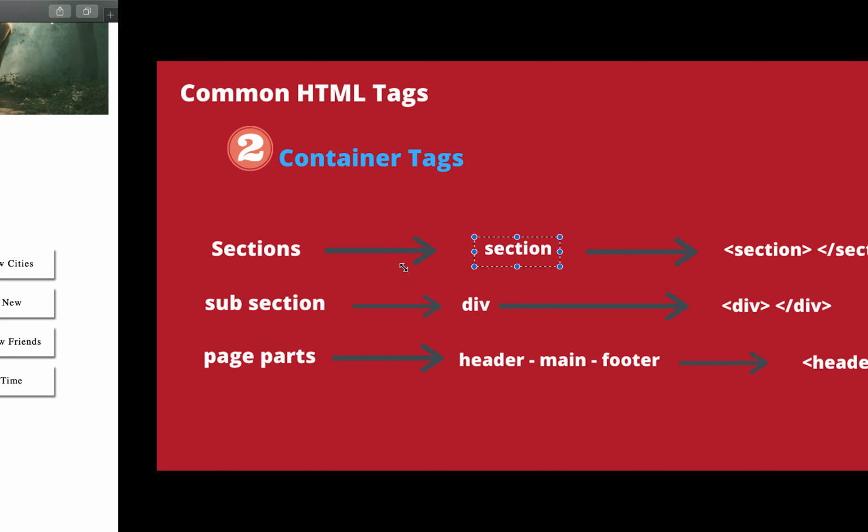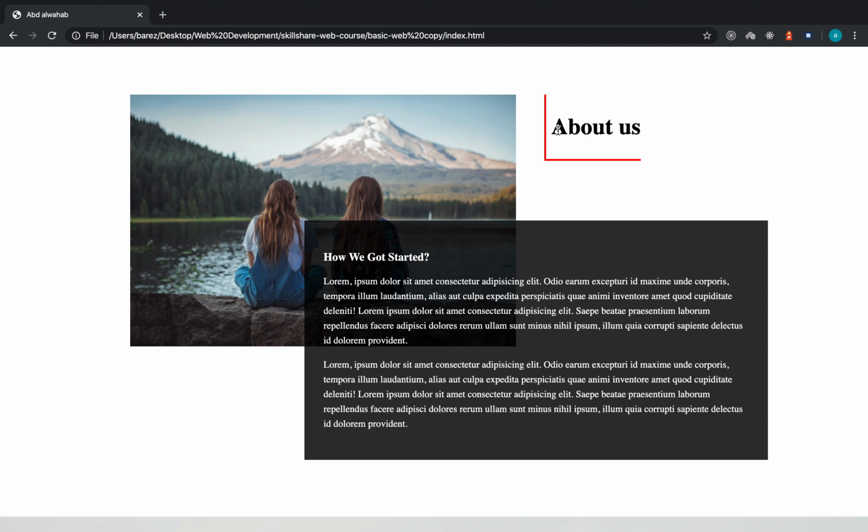Here, for example, is this section called the About section. As a quick note, in most websites you will see the title of the section at the top. Let me open the tool. It is not working, so let's forget about that.